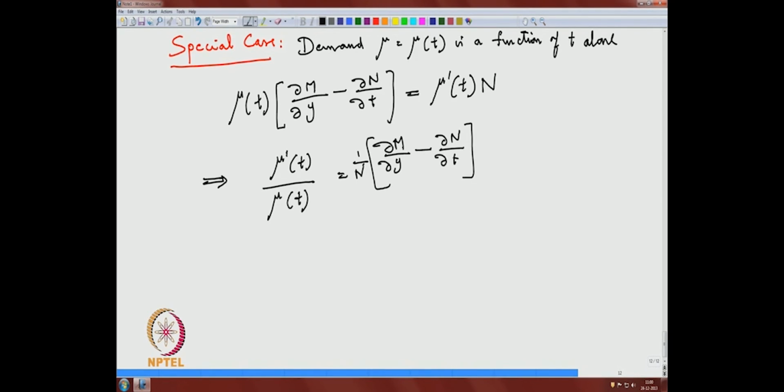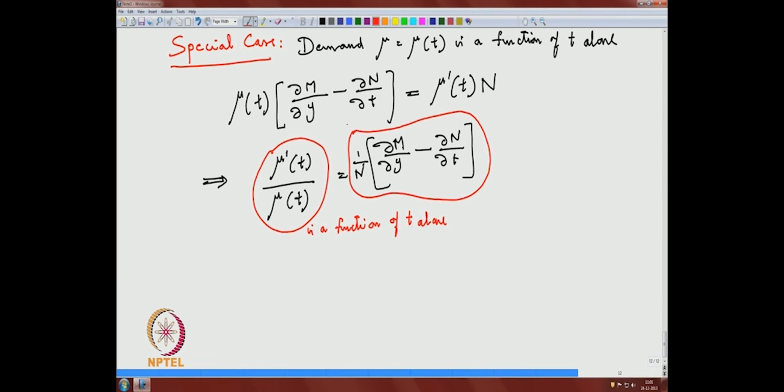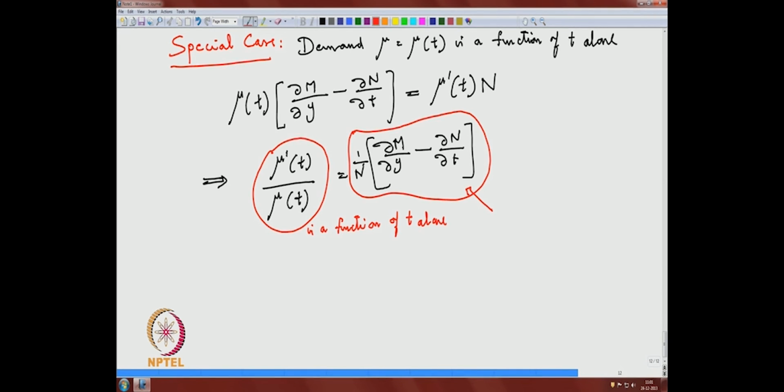Can this equation be solved for mu? But then look at the interesting fact: this portion is a function of t alone, but this is a function of both t and y, because m and n are functions of both t and y. So if the right hand side of this equation is a function of t alone, then this is a first order equation and we can integrate it.